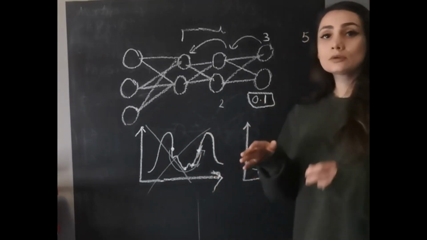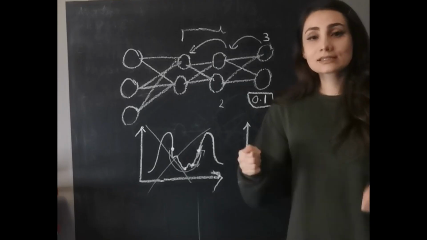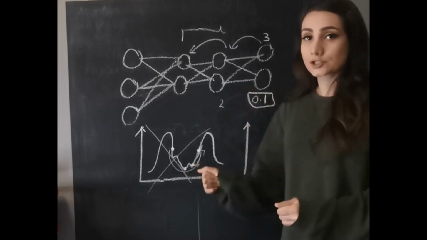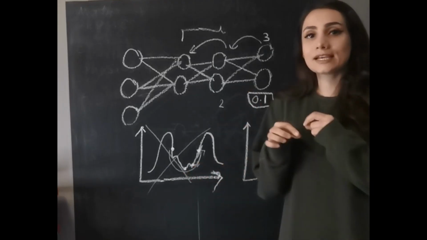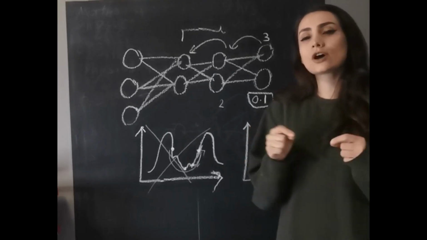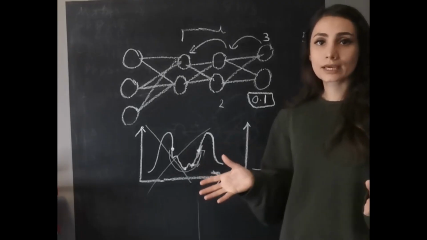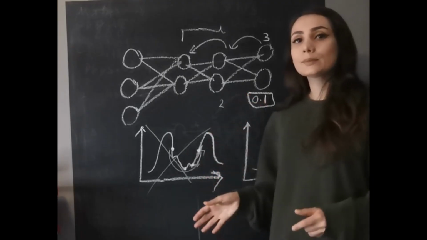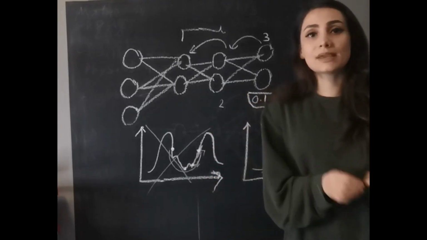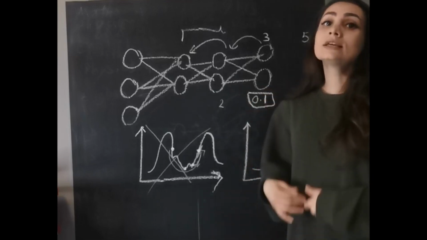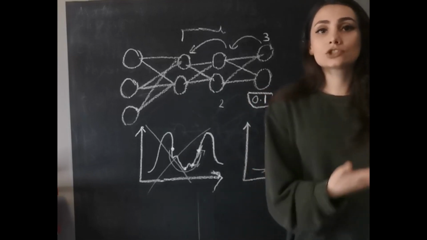But keep in mind, vanishing gradient is different from converging, because when you're converging, the learning becomes very slow. There's not that much learning happening because your loss is small. When your loss is small, that means your network is making fewer mistakes. That means you're at the point where you don't need to learn anymore.